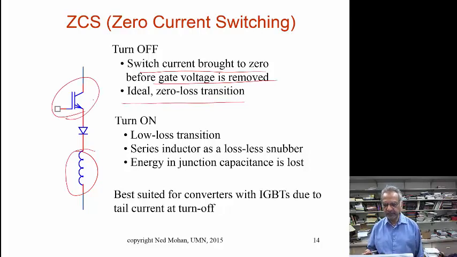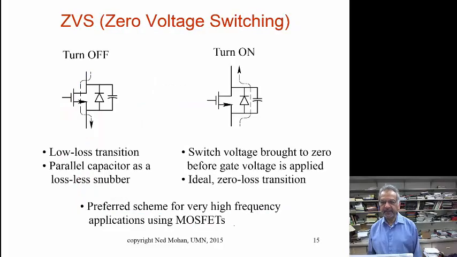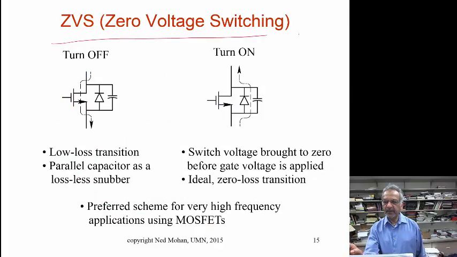So this is best suited for converters with IGBTs because IGBTs have a long tail current at turn-off. But in this module here, we will basically concentrate on zero voltage switching, quite commonly used with MOSFET circuits.